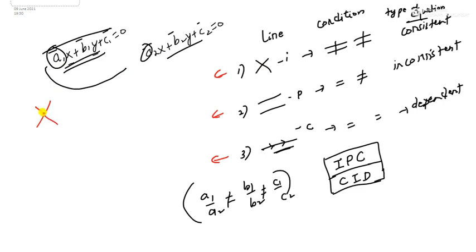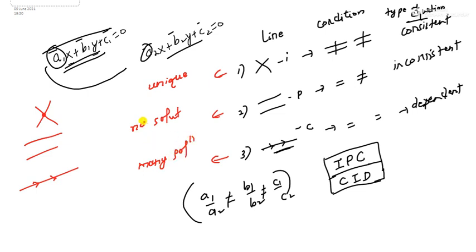In intersecting lines, they meet at only one point, so it has only one solution. We also call it a unique solution. Parallel lines, are they meeting anywhere? No, so it has no solution. And coincident lines are walking together, one upon the other, touching each other till infinity. So it has many solutions or infinite solutions. You have to remember like this.